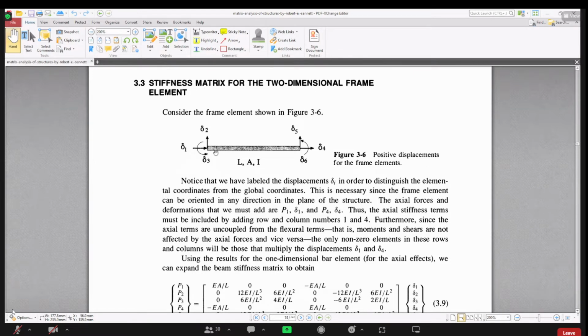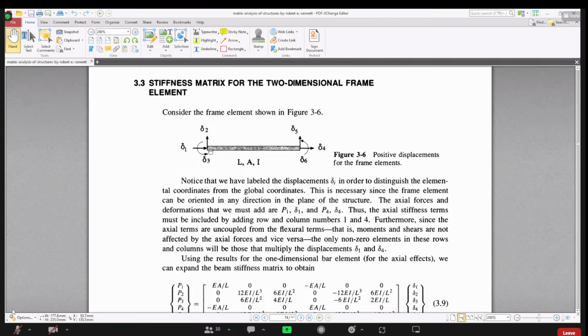degrees of freedom. In beams, per node or per joint, you only have 2 degrees of freedom: the translation perpendicular to the axis of the beam and the rotation.